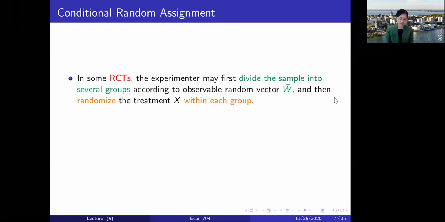This is reasonable when the groups are not even. Say you have a majority group that is the majority of the population, and a minority group, which is a small proportion of the population.